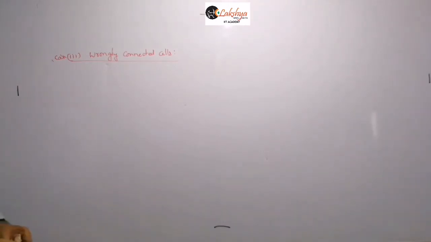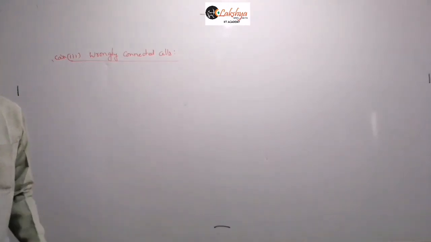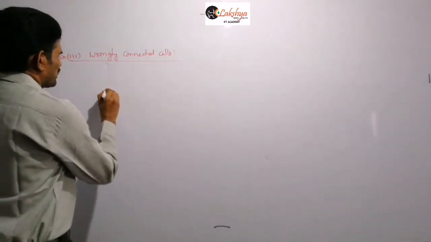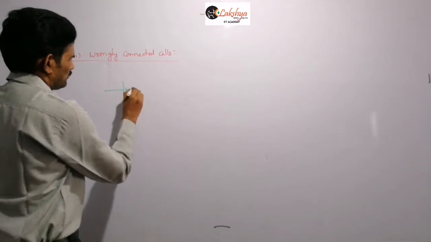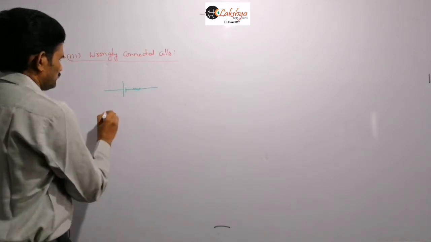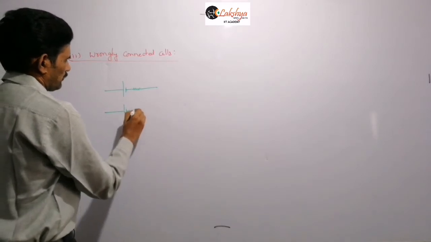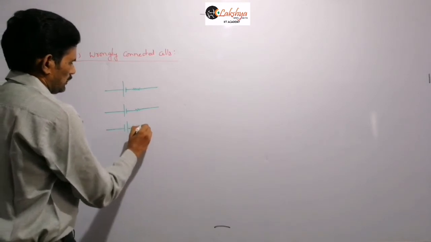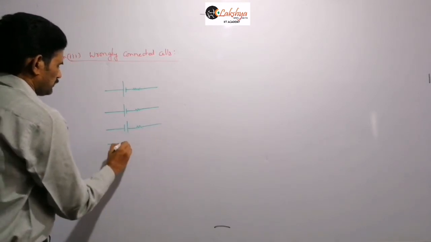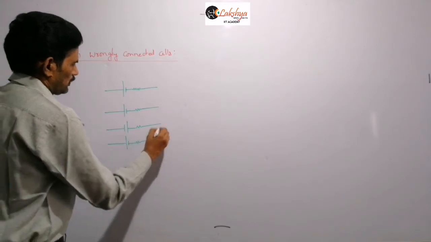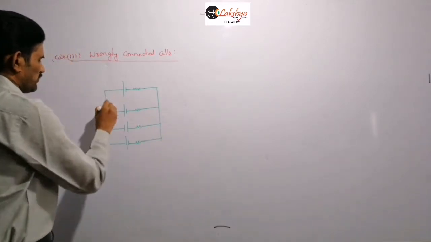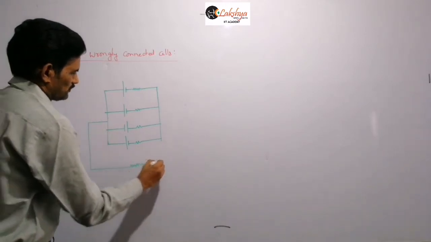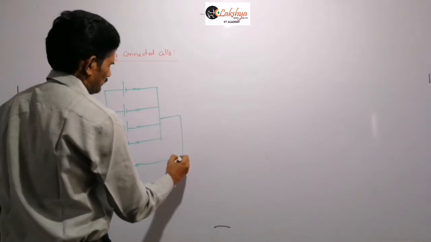And so when cells are connected wrongly, what we can write is, suppose I am taking a circuit like this, if cells are connected like this, if suppose all these positive and negative terminals are connected like this, and then we are connecting some external resistance across this, right?